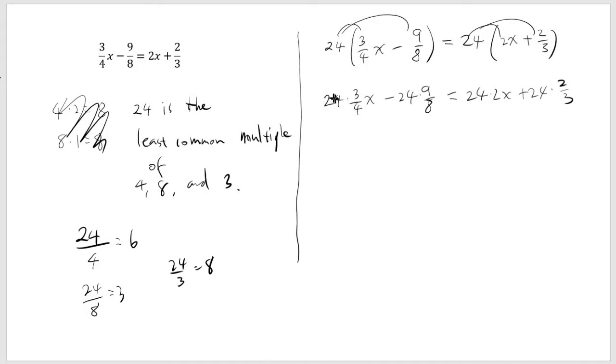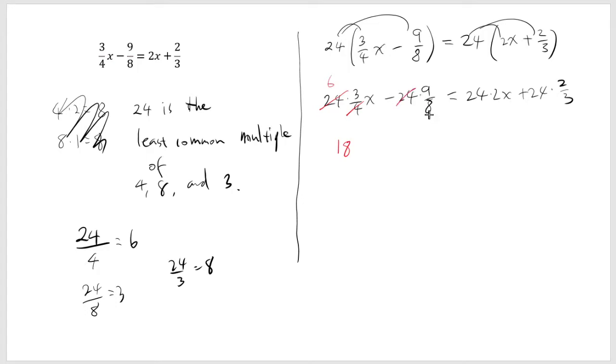So 24 times 3 is 72, and then you can divide by 4. However, because we chose 24 wisely, and we know it's divisible by these numbers, the better way to do it would be to first divide 24 by 4, which is 6, right? So you have 6 times 3, which gives you 18.